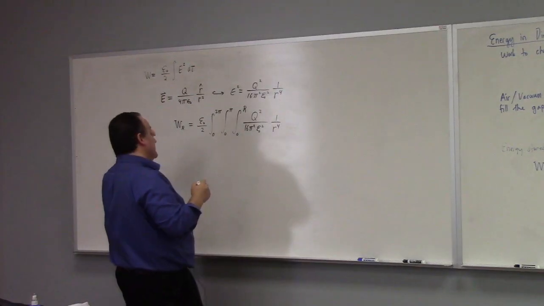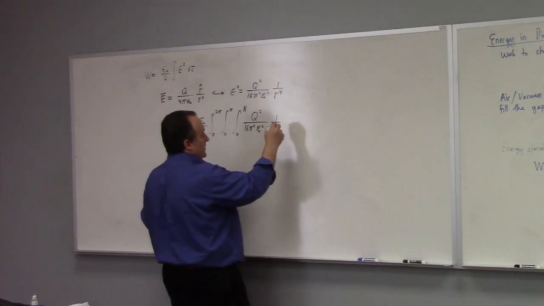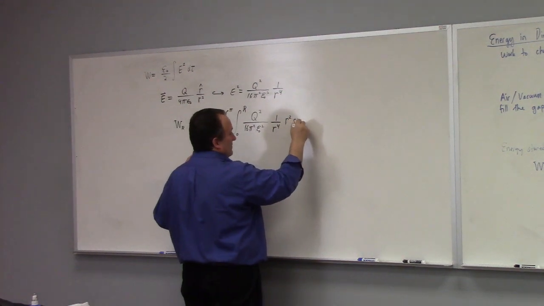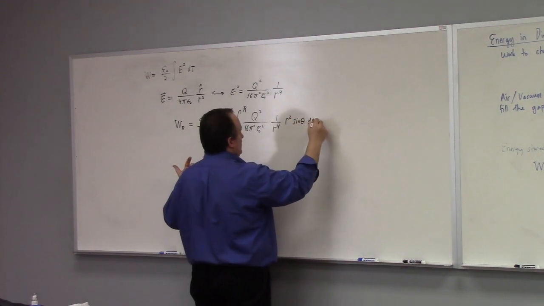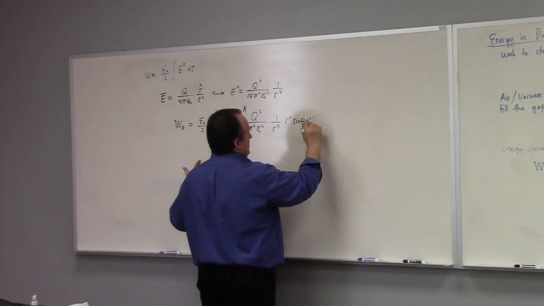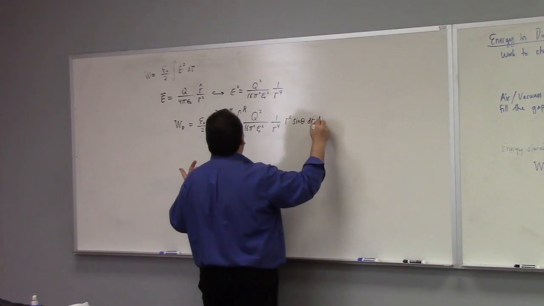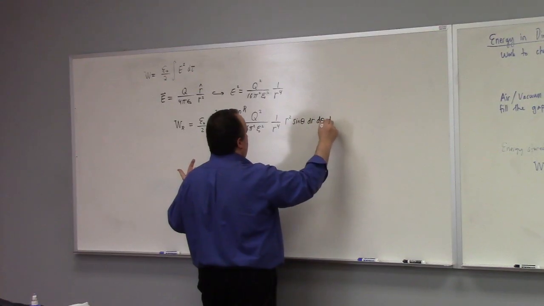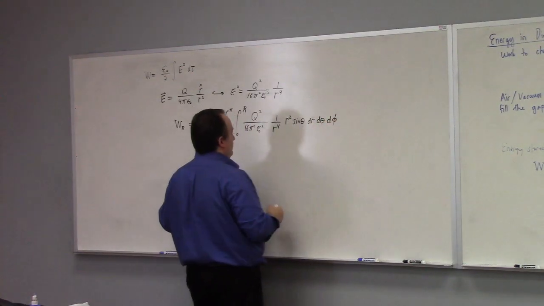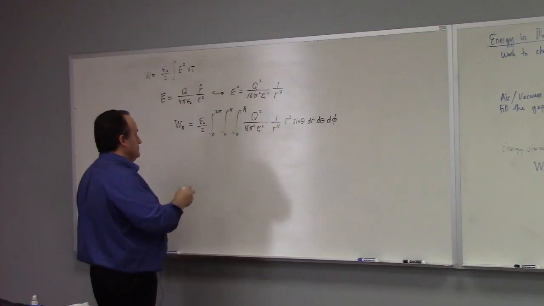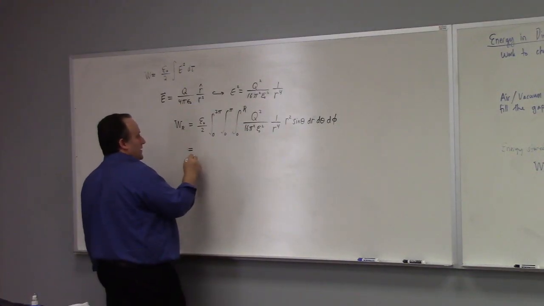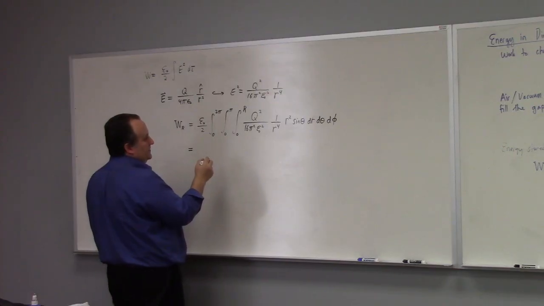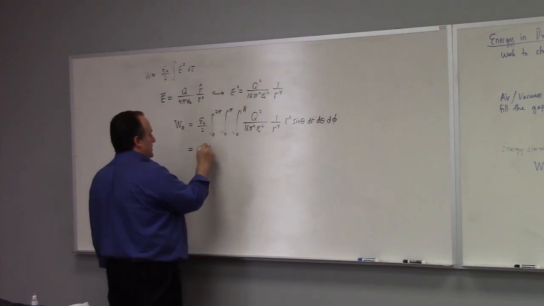And what's my d tau? Help me out, guys. It's r squared sine theta dr d theta d phi, my bad, as I've got it currently written. And so, well, maybe there's hope for us. Maybe I'm thinking of something else. Maybe this is okay, actually.